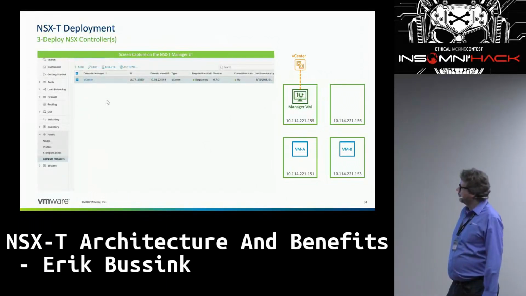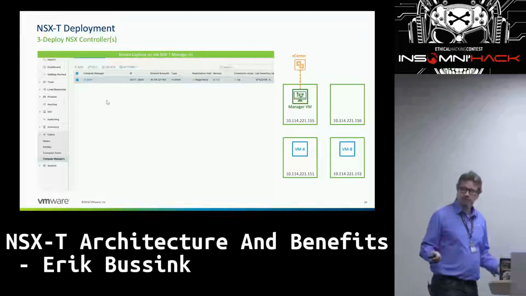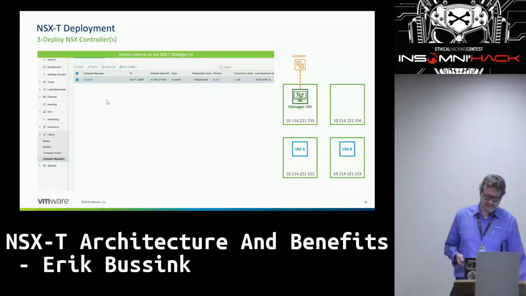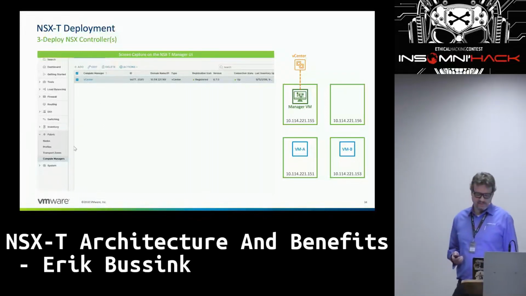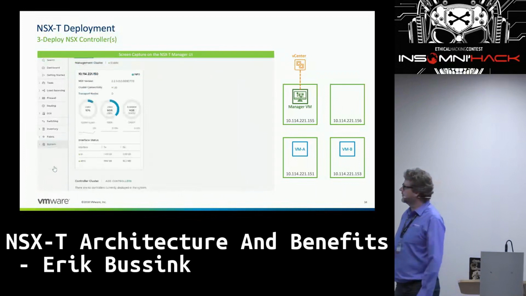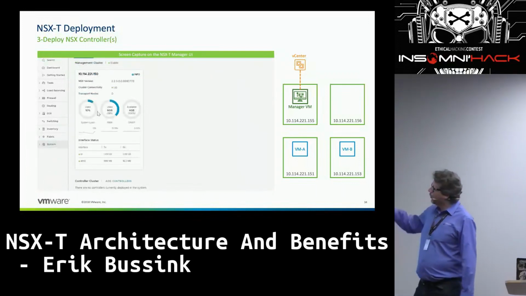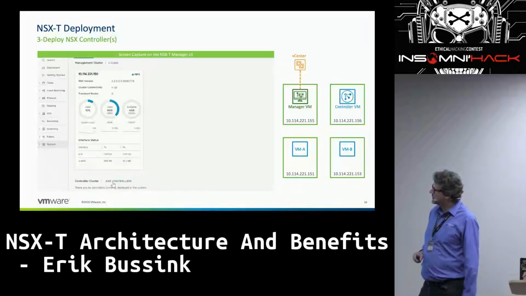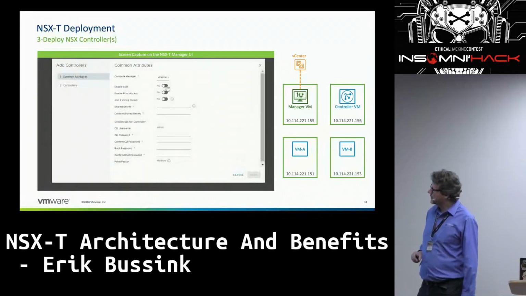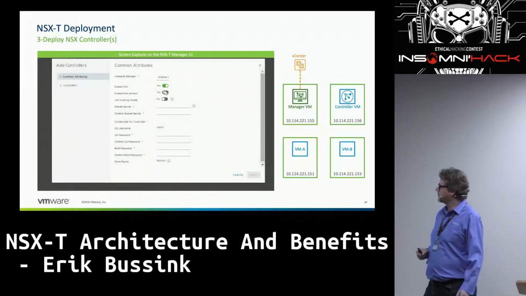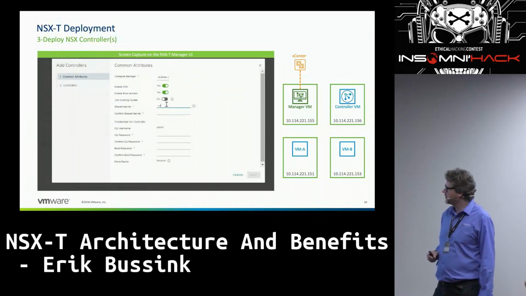At this point, we're going to deploy the controller. In a newer version, actually, the manager has the controller itself, so this is something that's going to be skipped if you do it now with the latest version. We always have the information and the status of the manager and the disk space and so on, so all that information makes it simpler to troubleshoot.